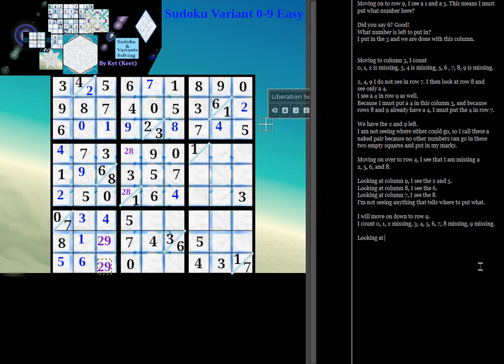Looking at column 5, I see a 9 and a 2. This means I must put the 8 here, as that is the only other number missing in this row.